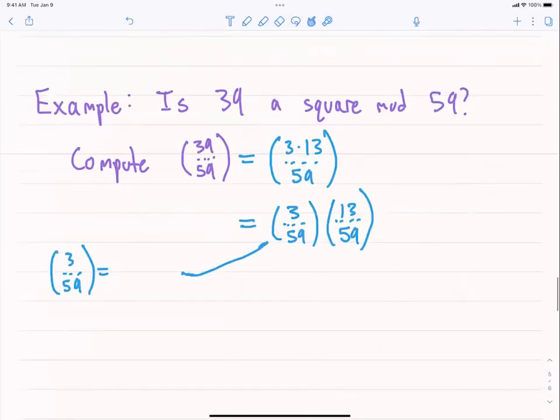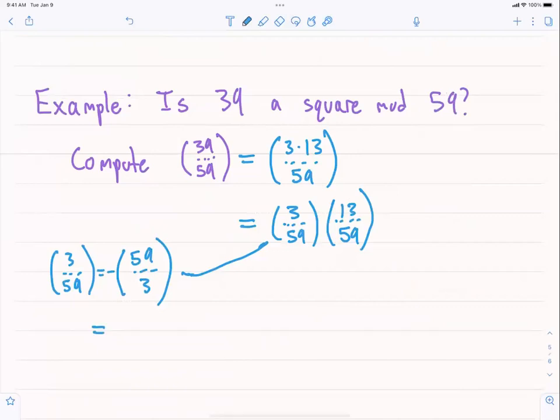So I get 3 over 59 is equal to the Legendre symbol of 59 over 3, but I have to put this minus sign in front of it.